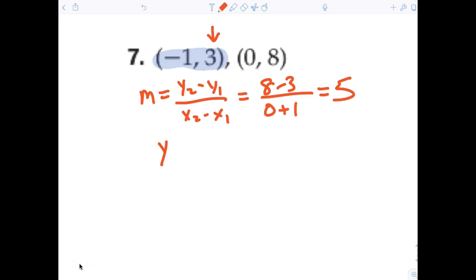Y minus 3 equals 5 times x minus 1 or plus 1. Very good, very good.